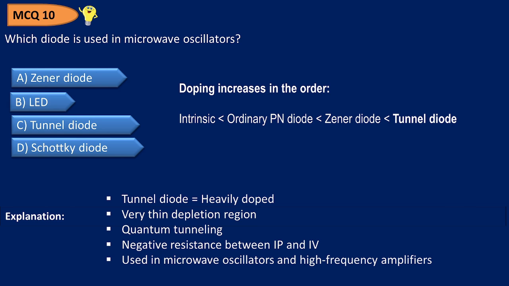The negative resistance region is the characteristic of the tunnel diode, which is why it is used in microwave oscillators and high frequency amplifiers. So the correct option is C, tunnel diode.